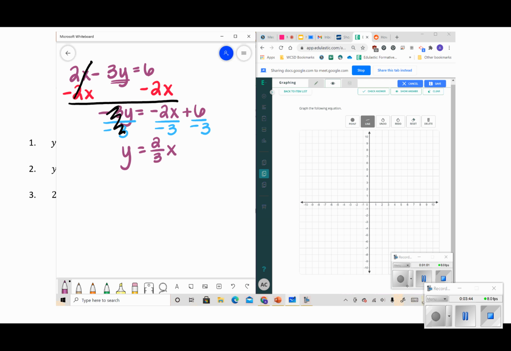The x comes down. And 6 divided by negative 3 is negative 2. Now that is in slope-intercept form. So now go ahead and graph it. Okay, so make sure you have your y-intercept, which is negative 2, and your slope up 2 and to the right 3. There's your line.